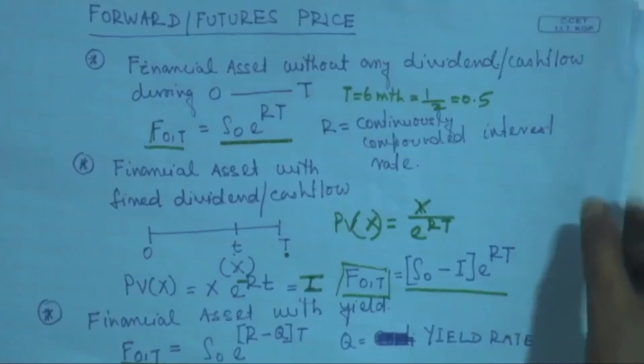Now let's go to the second kind of financial asset, where if a particular person buys the financial asset, he or she may get some dividend during the life of the contract. So how do we go about it?